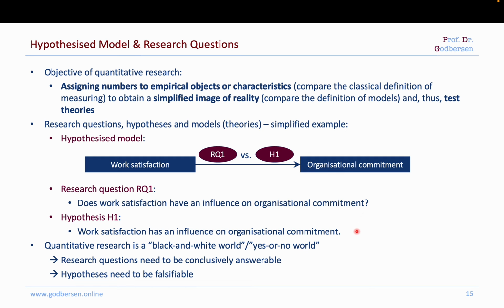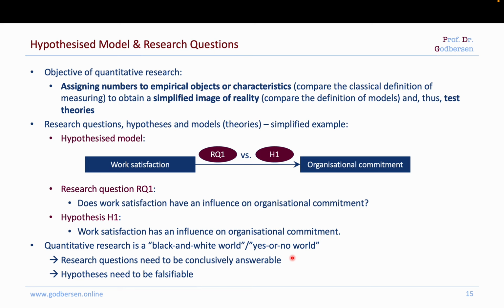And a hypothesis needs to be falsifiable. Again, here, work satisfaction has an impact on organizational commitment. I can clearly say, yes, that is the case, or no, that's not the case. This hypothesis was falsified. This means with quantitative research, you live in a black and white world, or yes or no world.